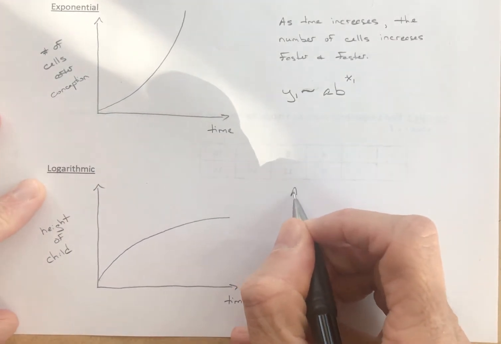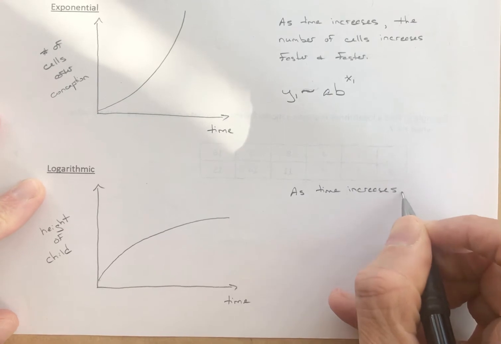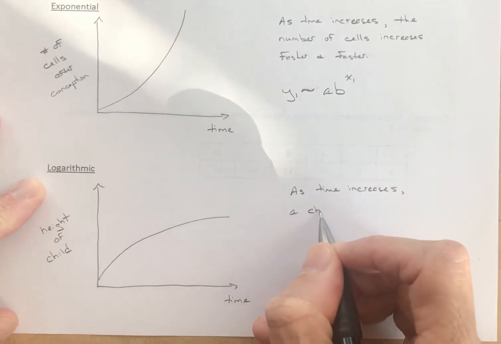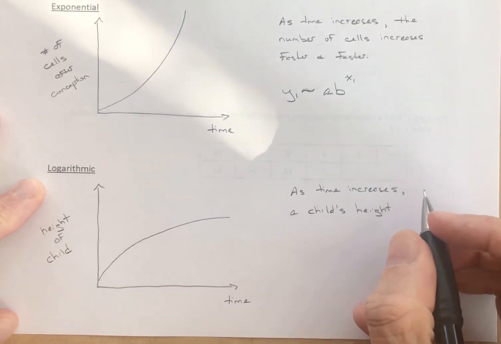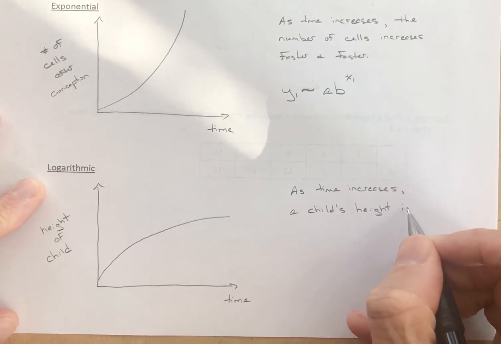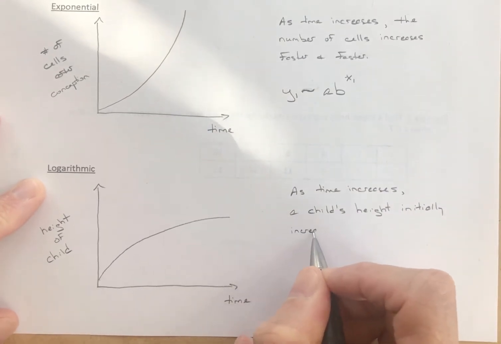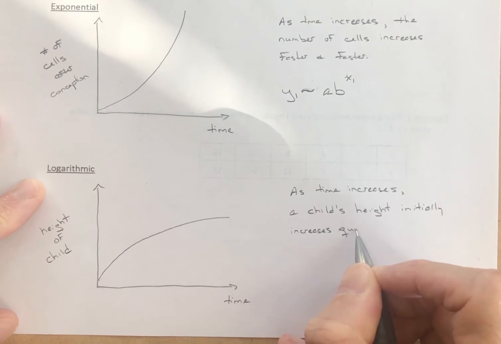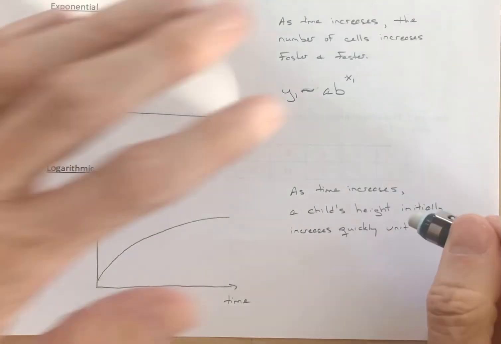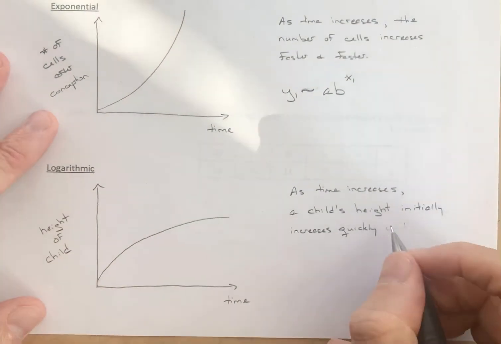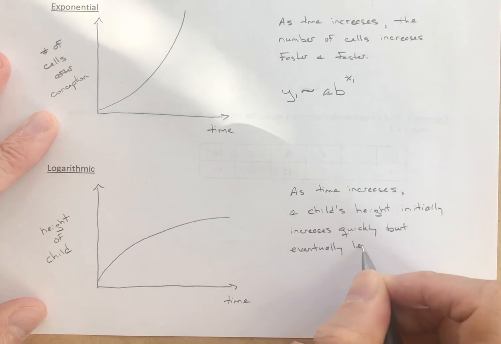Again, I'll put this in words. As time increases, a child's height initially increases quickly but, eventually, levels off.